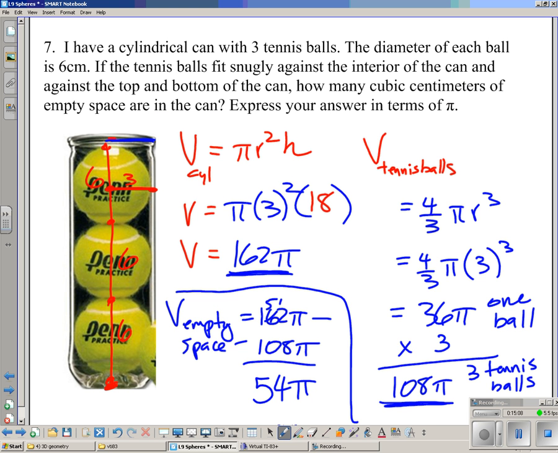So there is 54 pi cubic centimeters. 54 pi, sorry, Smartboard just kind of went berserk on me, cubic centimeters of empty space in the can. And there's your final answer.